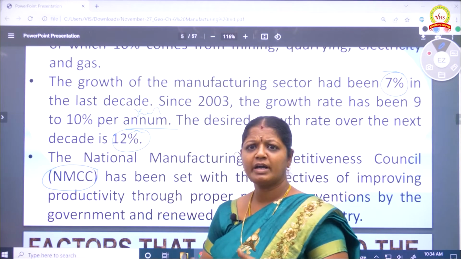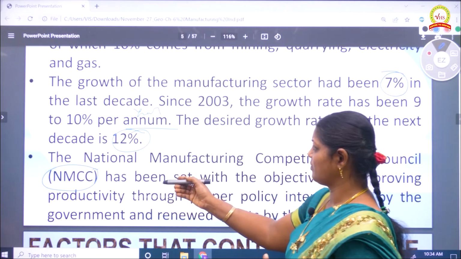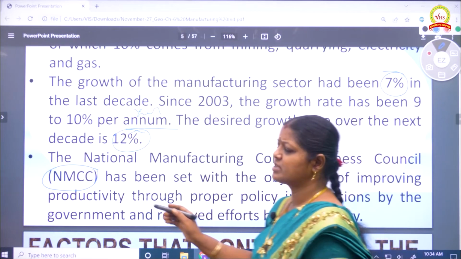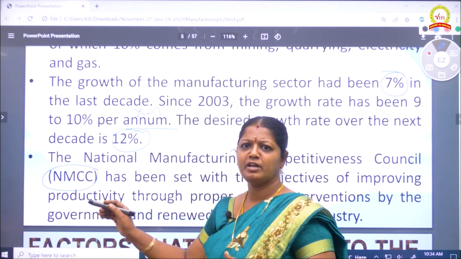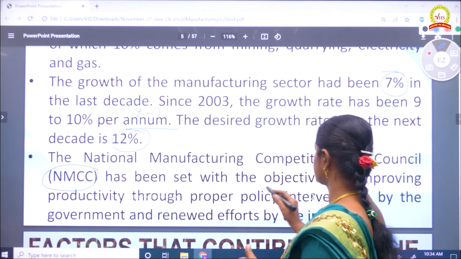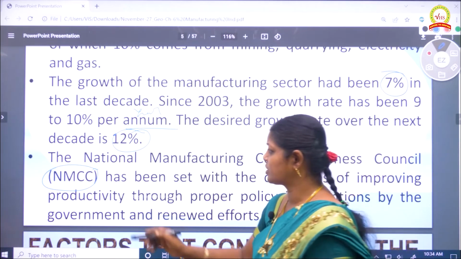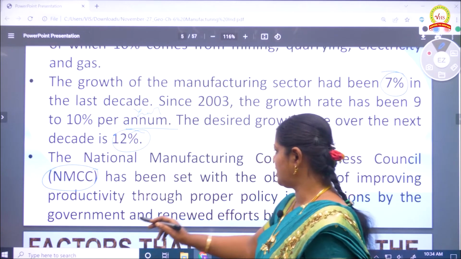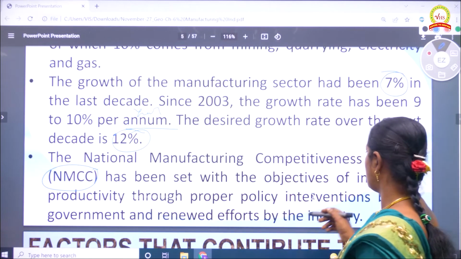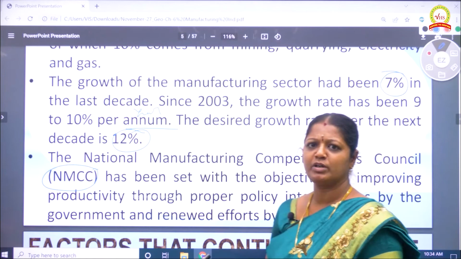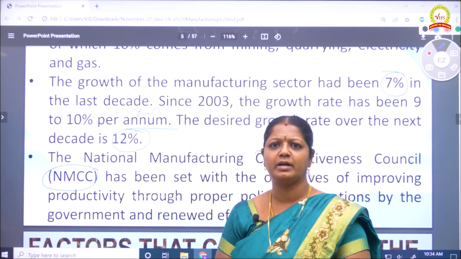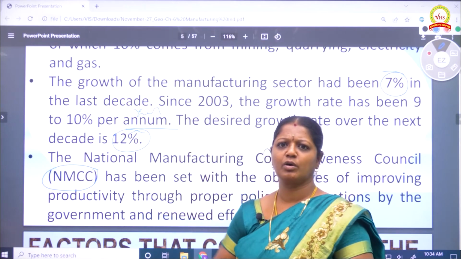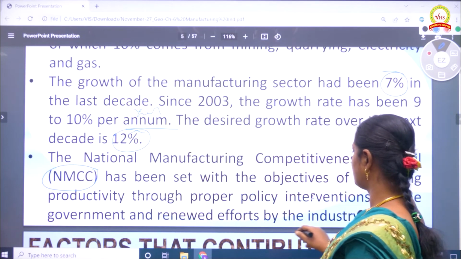That work can be done under the surveillance of the National Manufacturing Competitiveness Council. This is a council maintained by the Indian government. Its main objective is improving productivity through proper policy and interventions by the government. The government should give aid to the manufacturing industries to restart them and achieve our given goal.